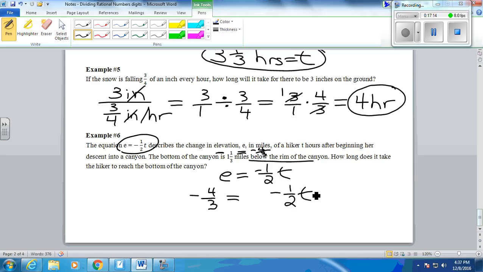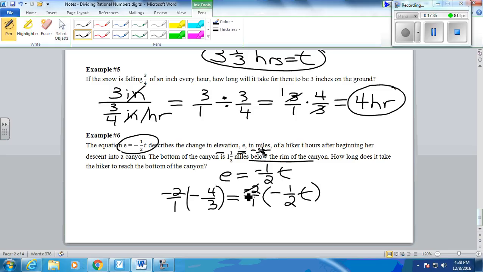I'm leaving that as a void on purpose because I know that I have a fraction times a variable, so I need to multiply by the reciprocal of -1/2. So I'm trying to do it so that you can see these numbers right next to each other instead. So I need to multiply by -2 first here.